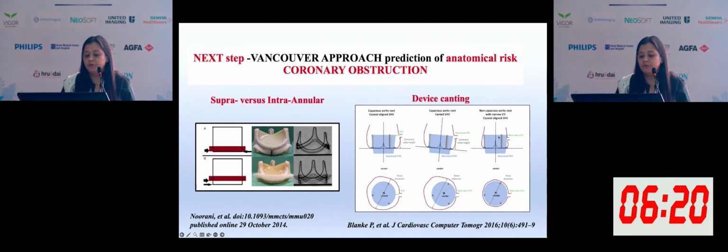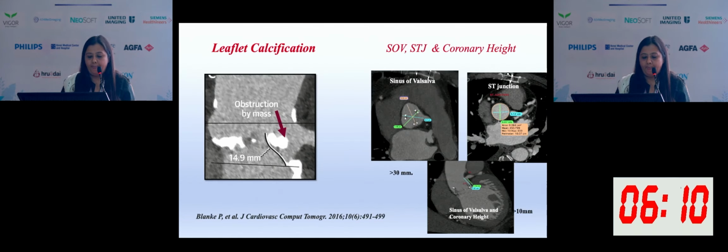Third important point is looking at your STJ. If it is very narrow, that could also cause some sequestration of your sinus because it's going to block at the STJ and there will be no blood flowing into the sinuses. Look at the leaflet calcification. If there are large chunky calcifications at the leaflets outside the strut, or if there is calcification over the valve which is projecting towards the coronary sinus, it is important to mention.